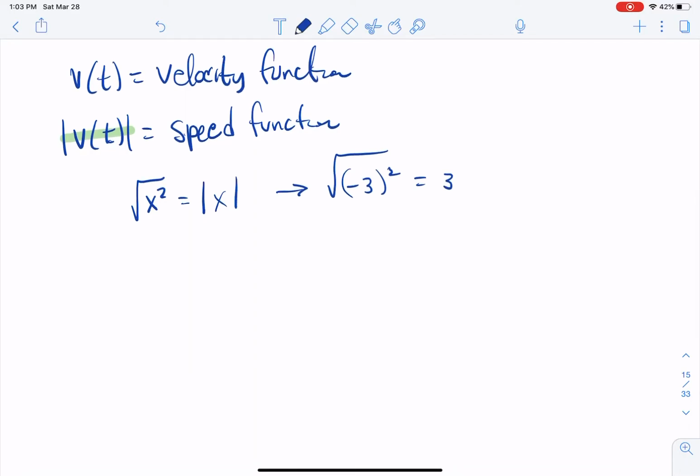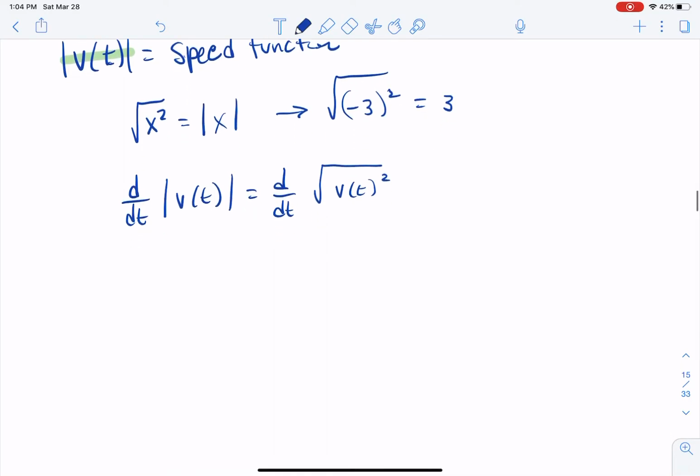If I want to find the derivative with respect to t of the absolute value of v of t, this is going to be the same thing as finding the derivative of the square root of our velocity function squared. Okay, and then I'm going to rewrite that square root as a rational exponent, and then we're going to just use the chain rule a couple of times in order to find its derivative.